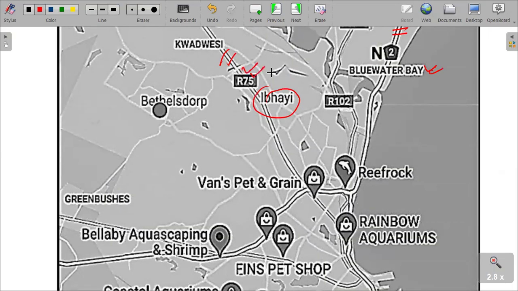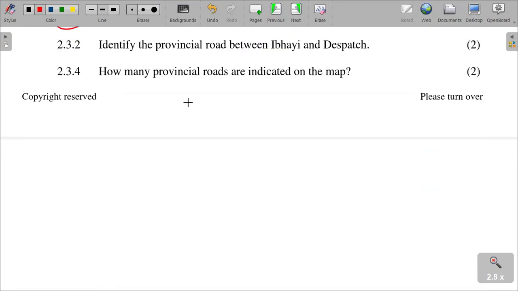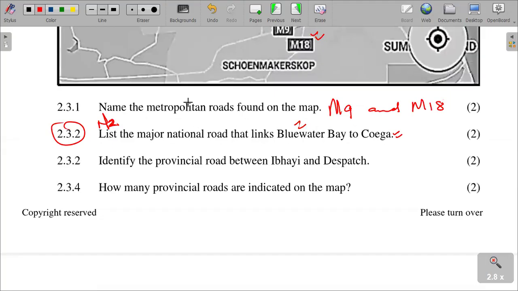This is R75 that is taking us through to Dispatch. So it is R75.